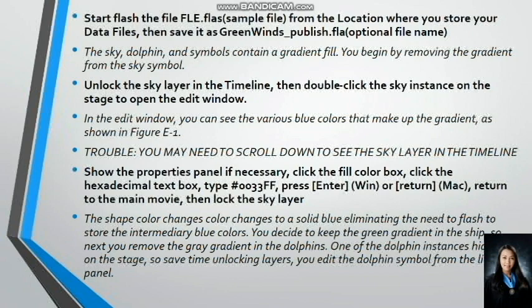Once your object instances are hidden, ibig sabihin, once your object instances are hidden on the stage, it's time for you to unlock the layers, and then you edit the dolphin symbol from the library panel.